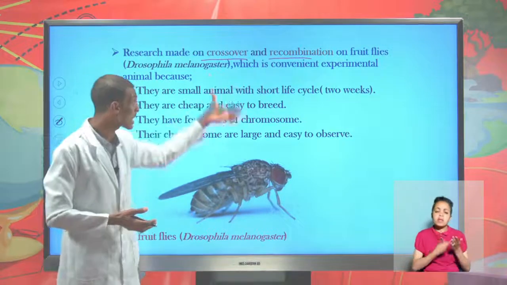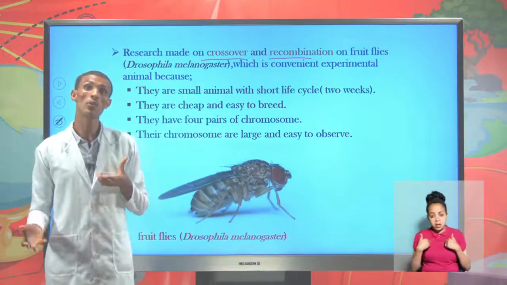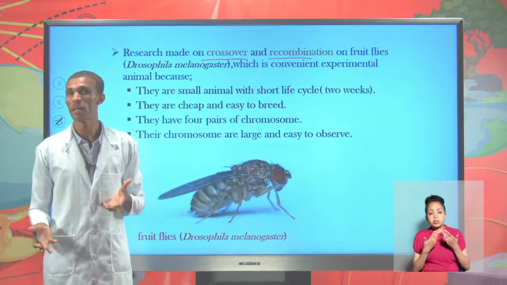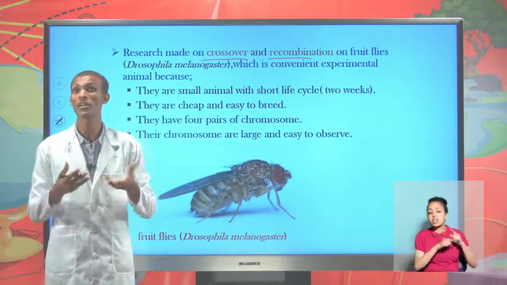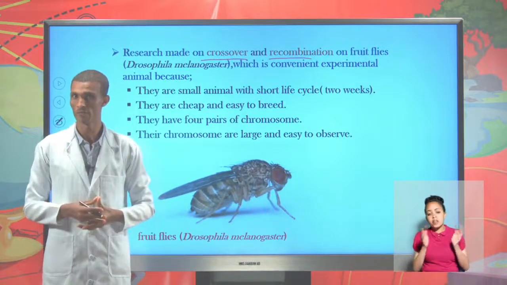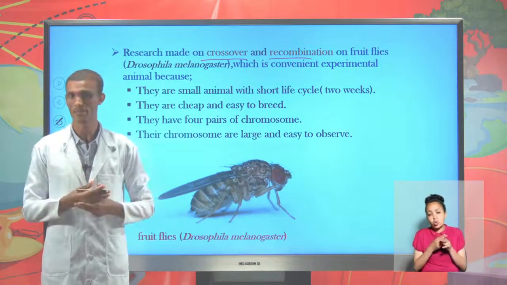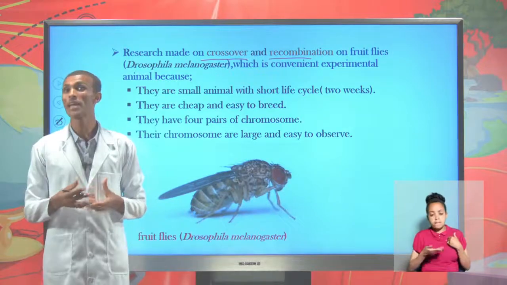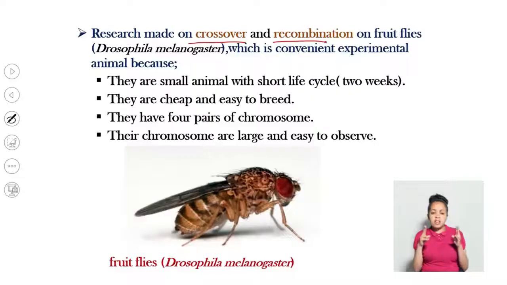He preferred this animal as a good experimental animal because it is small with a short life cycle, and it is very cheap. It also has 4 pairs of chromosomes, which are large and easy to observe.